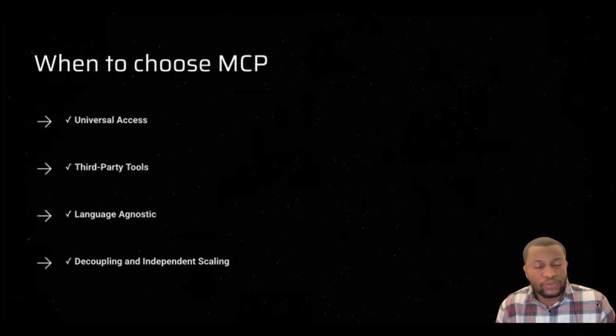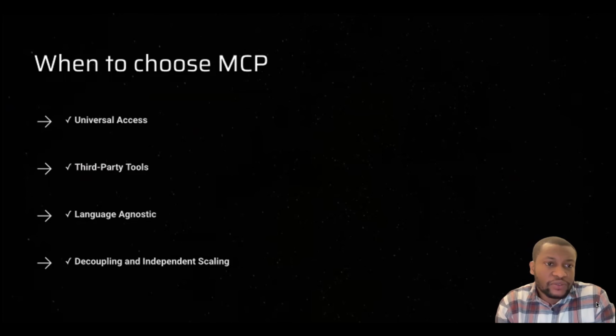If you want your tools to be exposed to all agents, irrespective of what they are built with or how they are built, and just work with any or all kinds of agents, then you'll need MCP, because with skills you have to tie it to a specific agent.